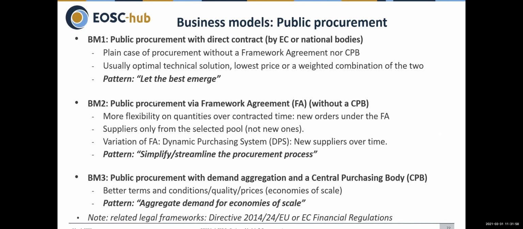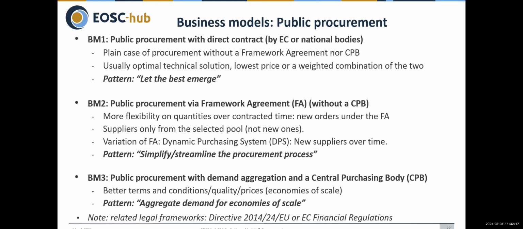So the first one is the general case of public procurement with a direct contract. This can be procured by national bodies or the Commission. The underlying legal framework is Directive 2014/24.